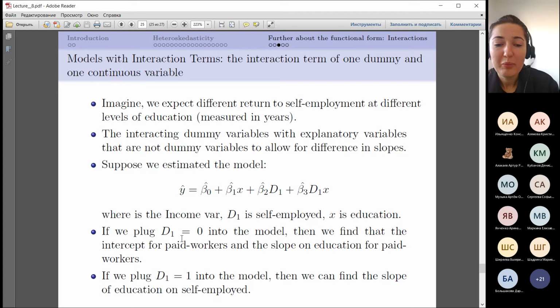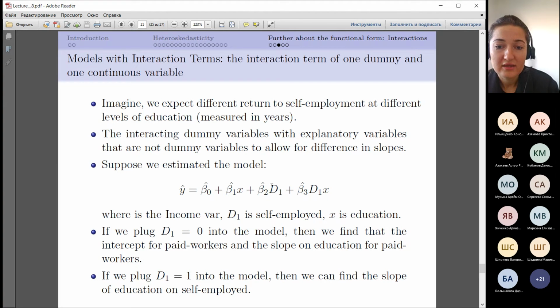So if we plug that working status equals 0 into the model, then we find the intercept for paid workers and the slope on education for paid workers.